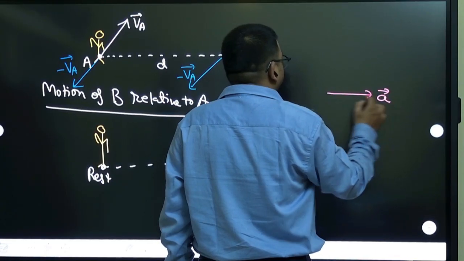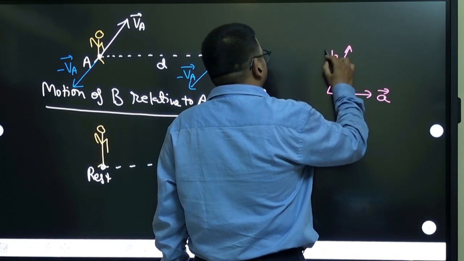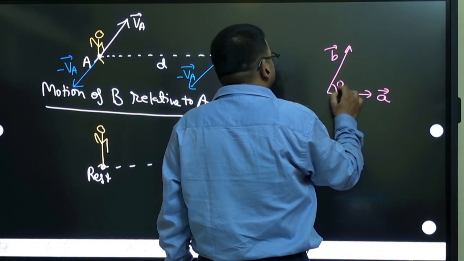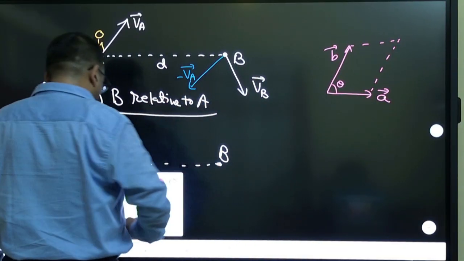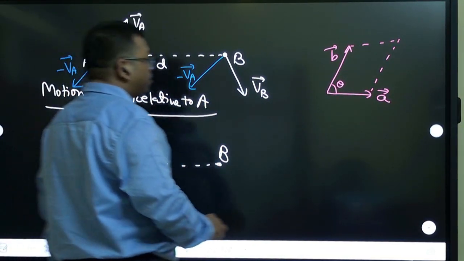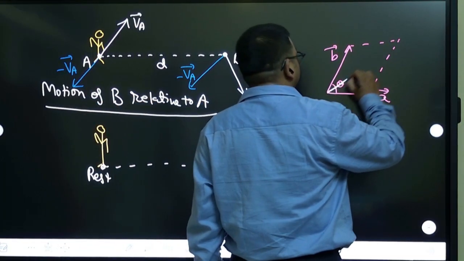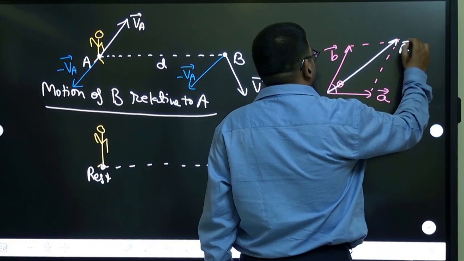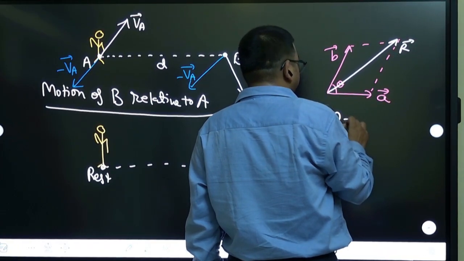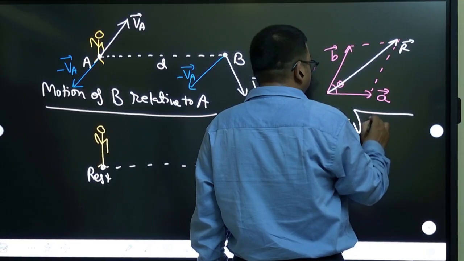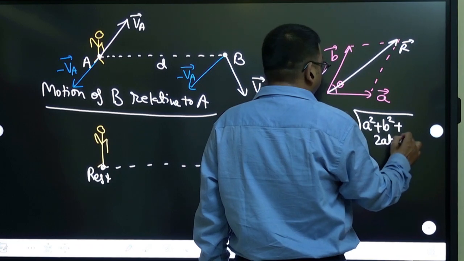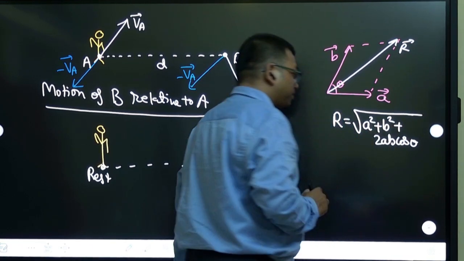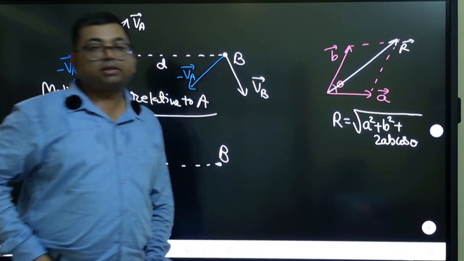Suppose this is A vector and this is B vector, and they are making angle theta. According to the parallelogram law, the resultant will be this vector R. The resultant magnitude is given as root under a square plus b square plus 2ab cos theta, everything inside the root.